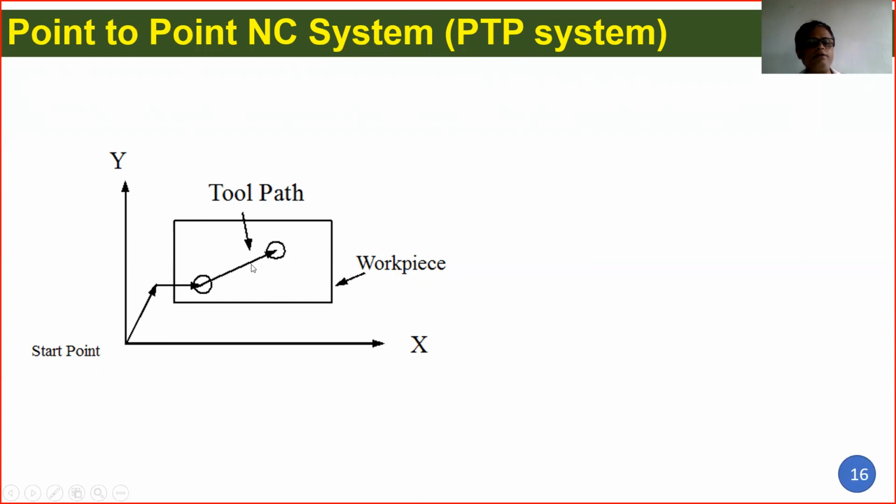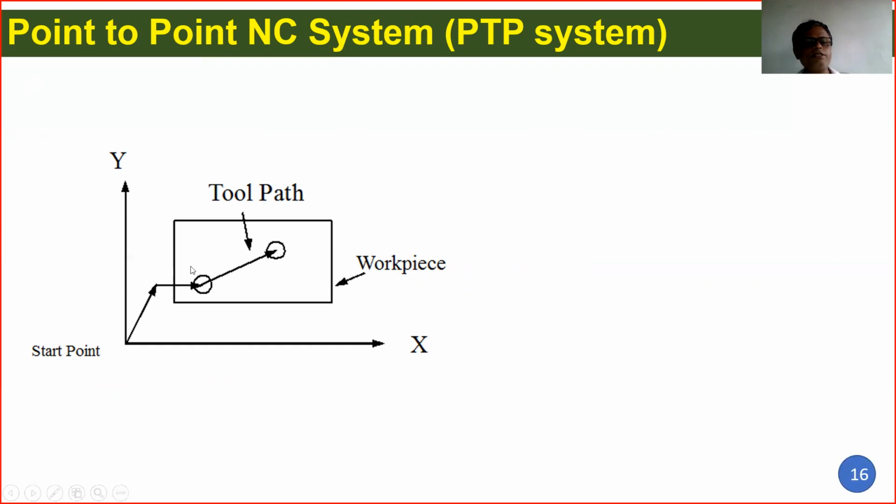You can see the tool path here. This is the tool path, but there is no machining done in between the two locations. Only the tool is located to a particular location. How the tool reaches the location is not important. It is only important that the tool reaches that particular location.